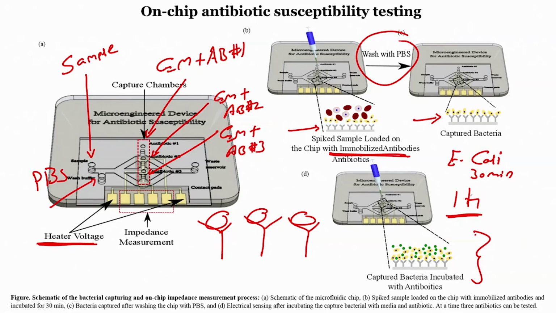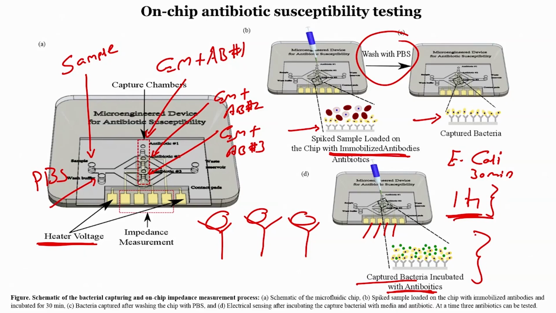So, let us say we have incubated our device, which has captured bacteria plus antibiotics plus growth media, for about 1 hour, and we measure the live impedance from the point we have loaded the antibiotic to the point that 1 hour is over. We continuously monitor the impedance.